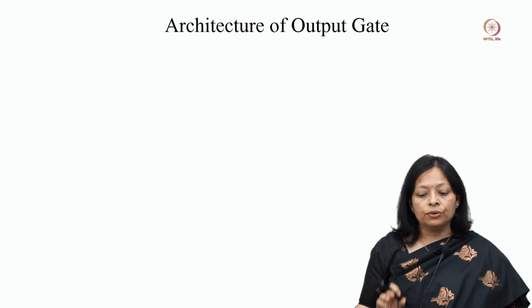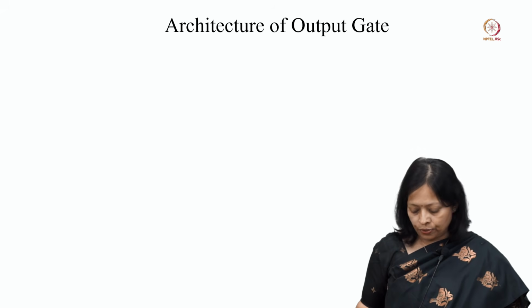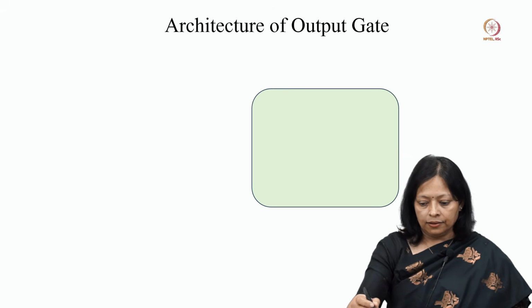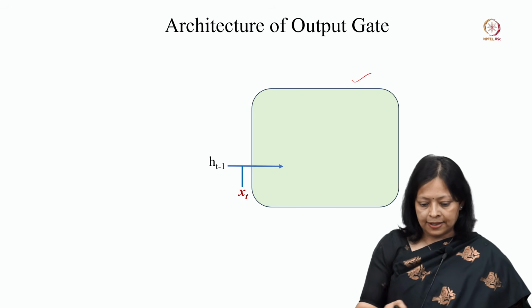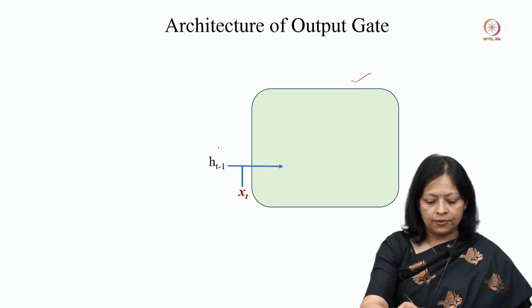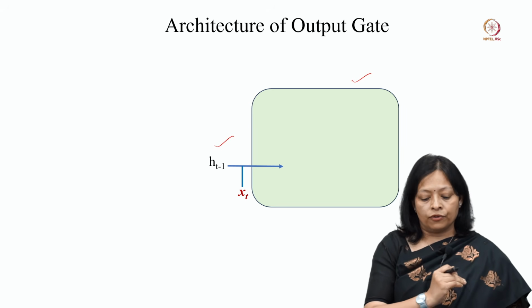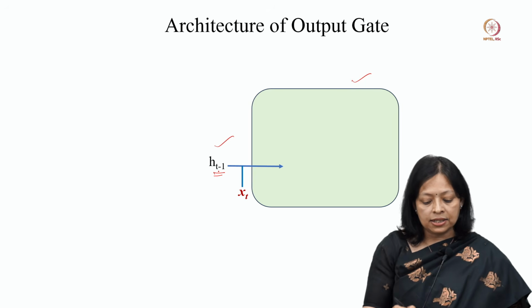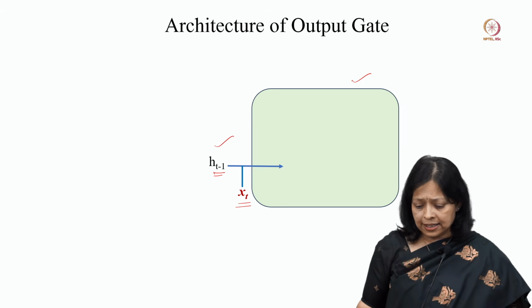Now we will look into the architecture of the output gate. What exactly is present in the output gate? Once again, let us have this one as the output gate, and the inputs here are ht minus 1 and xt. ht minus 1, as I have told, is the hidden state information from the t minus 1 time instance, and xt is the input at the tth instance of time.